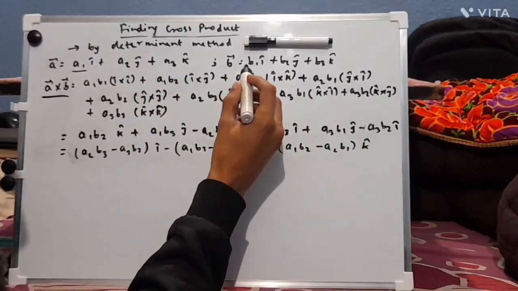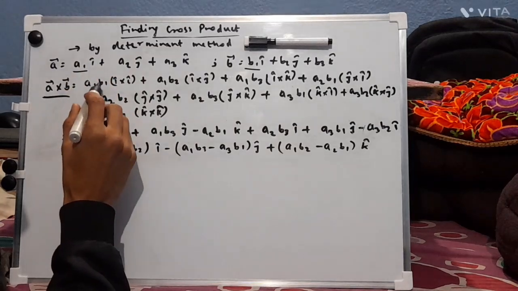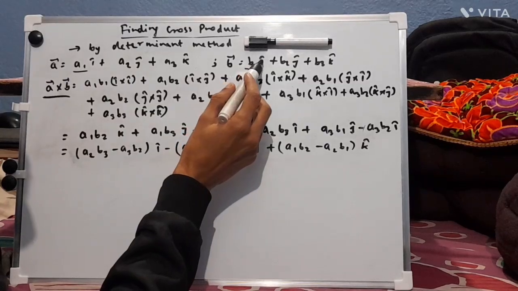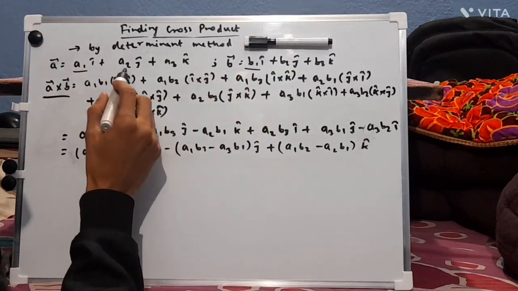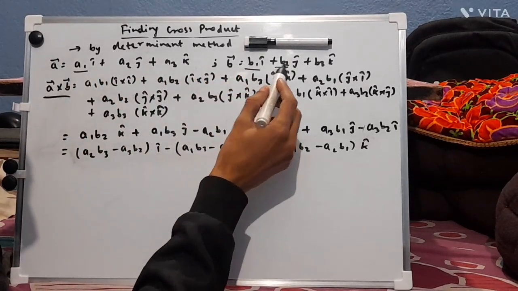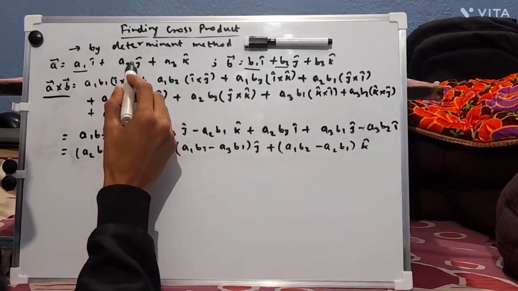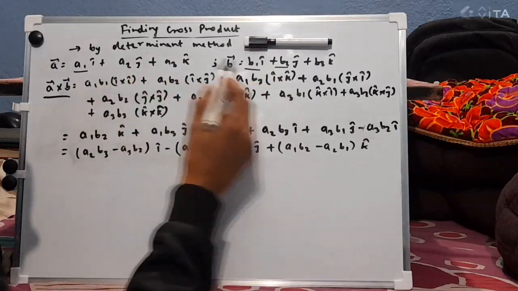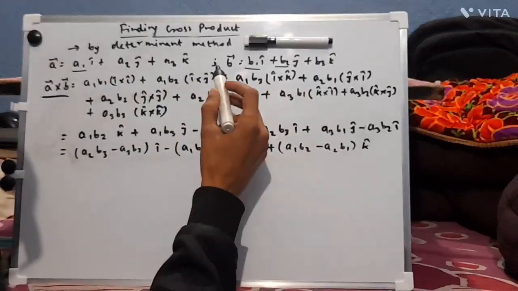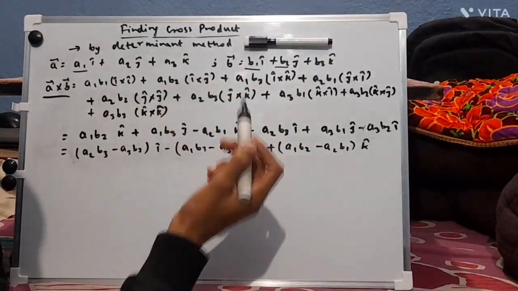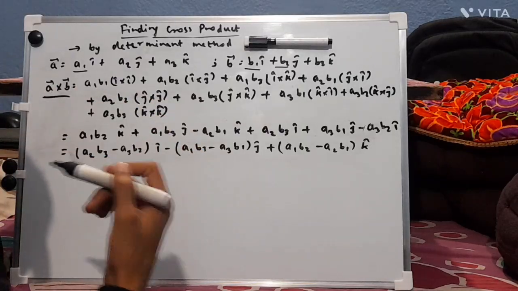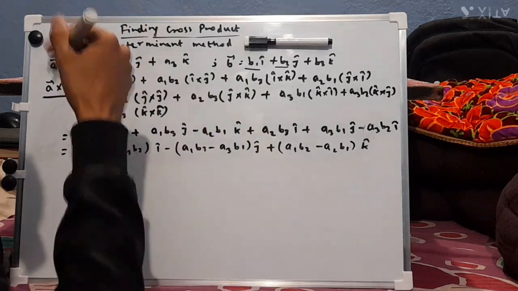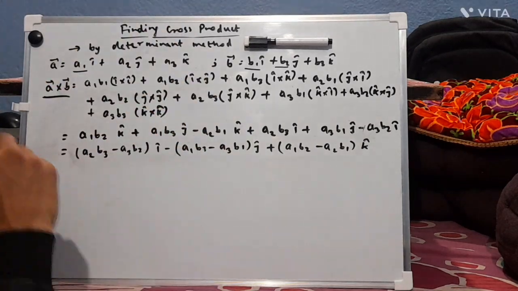Like a1 will be multiplied with b1 first, then it will become a1 b1, and the unit vectors will be multiplied as well, like i cap cross i cap. Then a1 will be multiplied with b2, it will become a1 b2. Then their respective unit vectors will also be multiplied, and so on. It's like a normal product, like you do in the case of (a plus b) into (a minus b), or (a plus b plus c) into (a plus b plus c). It's very much similar.